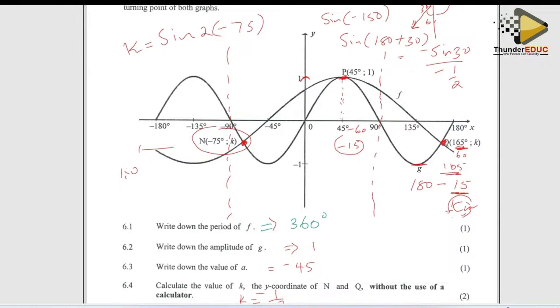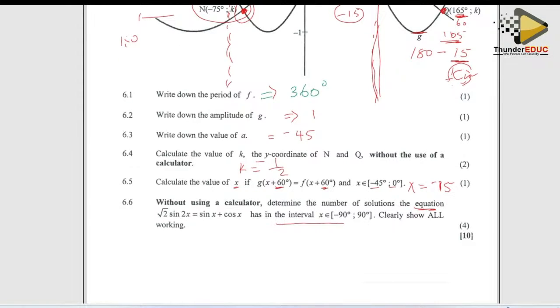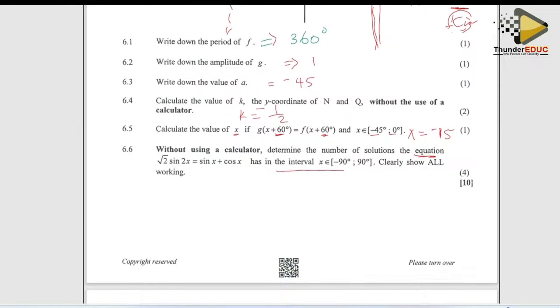When we look at solutions, it's like we are solving the two equations and getting answers. How many points do the two graphs meet? It's at this point and at that point. So we know that it has two solutions, but how do we get the two solutions?